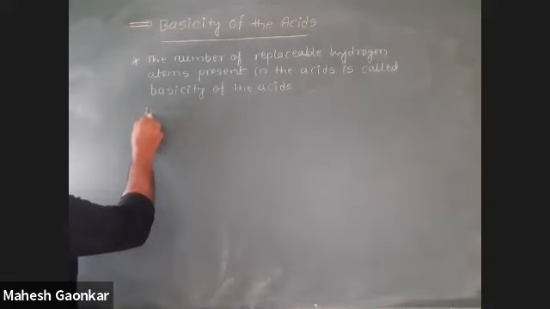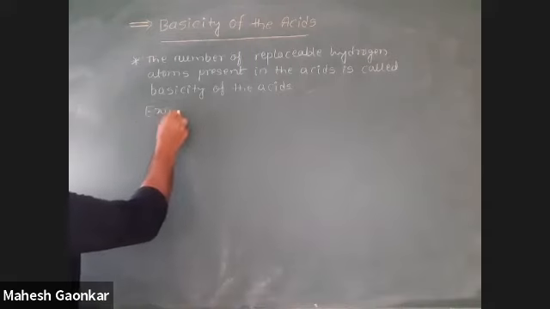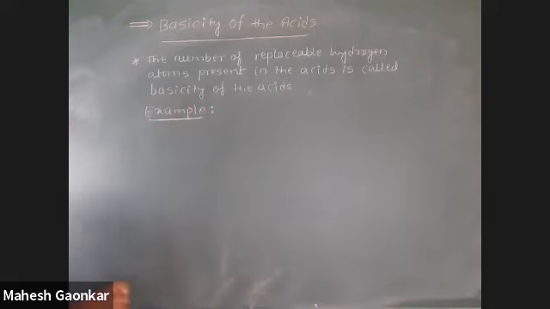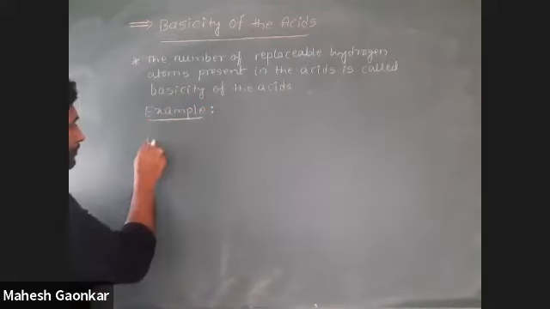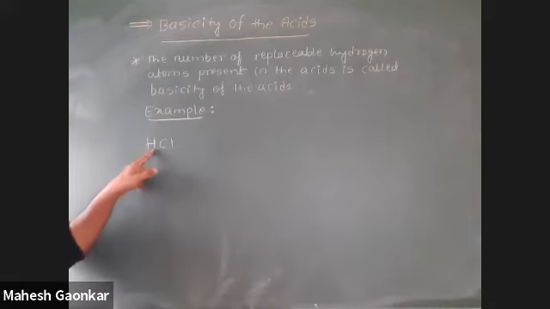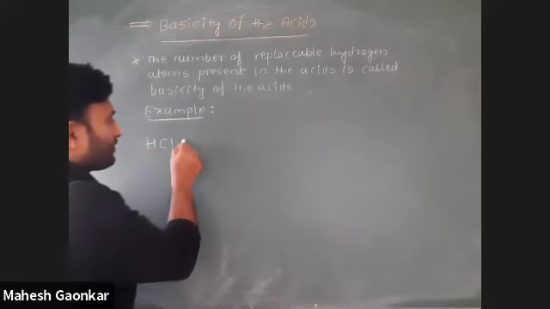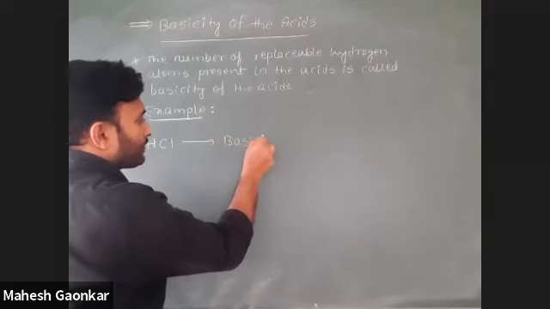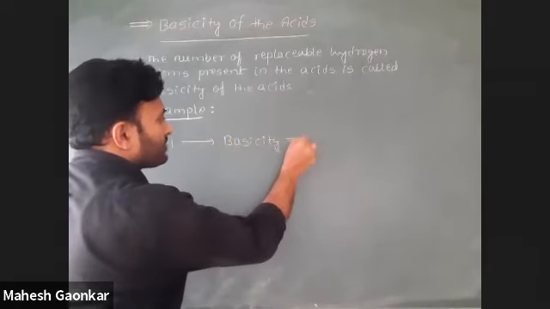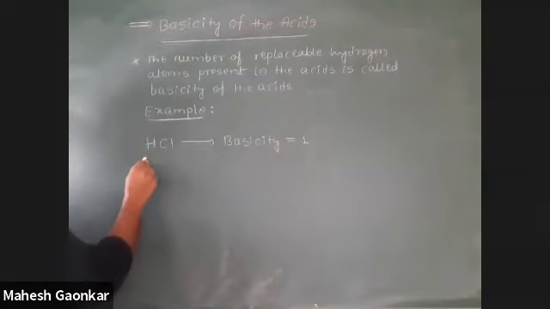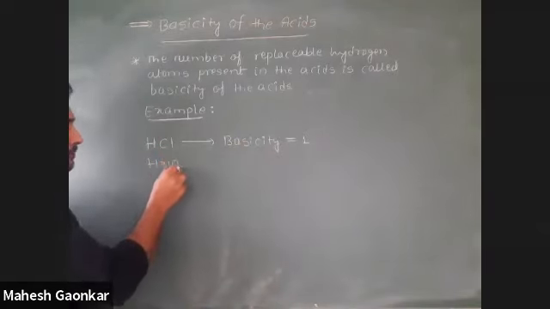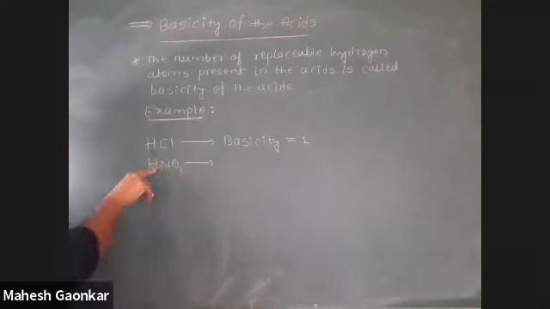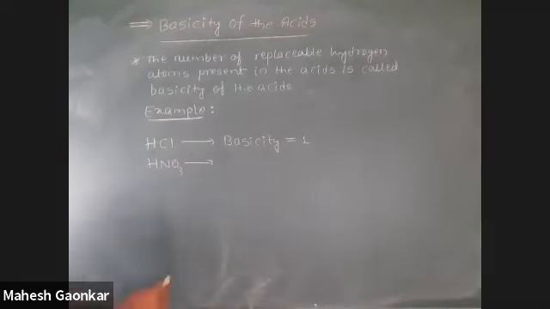Let me take HCl as an example. HCl has only one replaceable hydrogen atom, right? Therefore, its basicity equals 1. HNO3 also has one replaceable hydrogen atom.